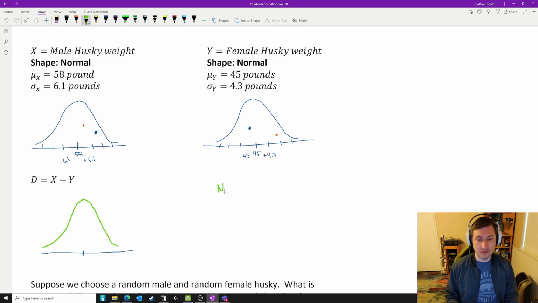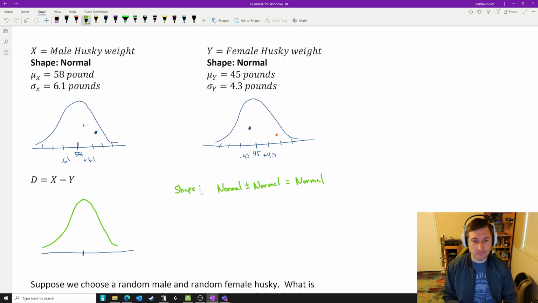So a normal plus or minus another normal, shocker, is equal to a normal. So we know the shape is going to be normal.